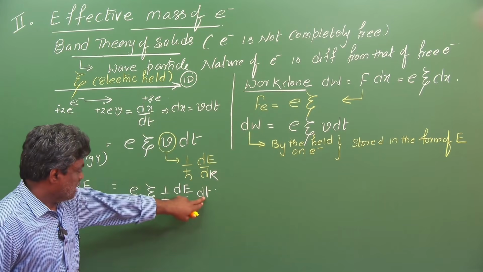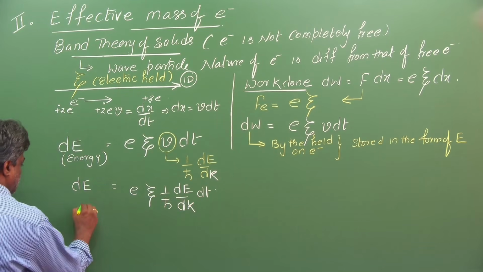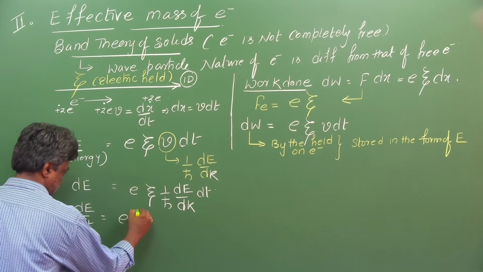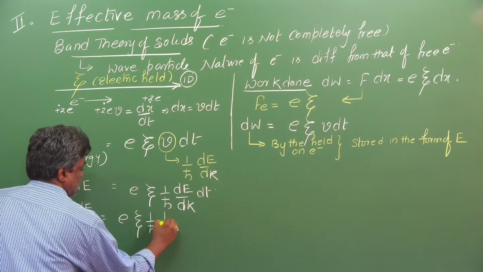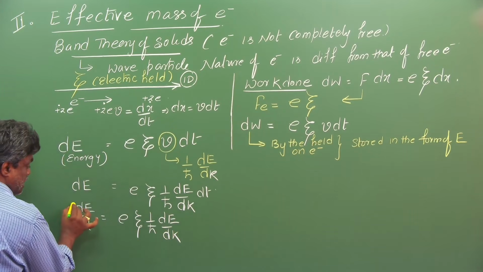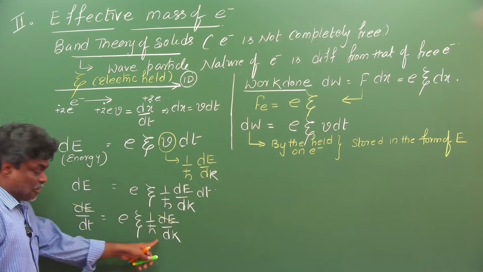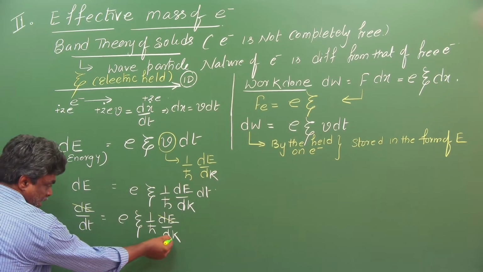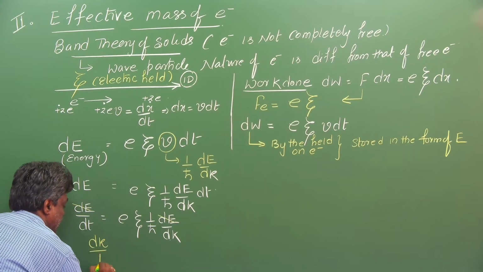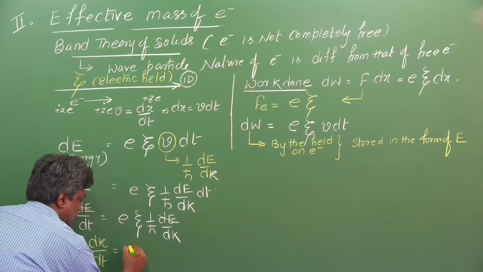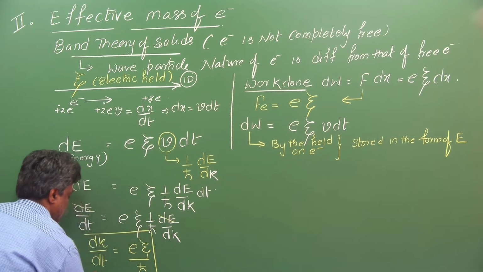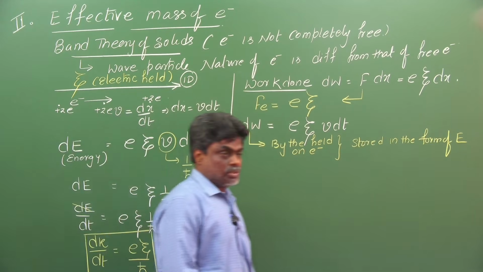I am bringing this dt to this side, dE by dt. Now I can cancel this dE because all these are constants. Then finally I can bring this dk to this side. So what I get here is dk by dt equal to the electric field divided by h cross. Up to this, any trouble?